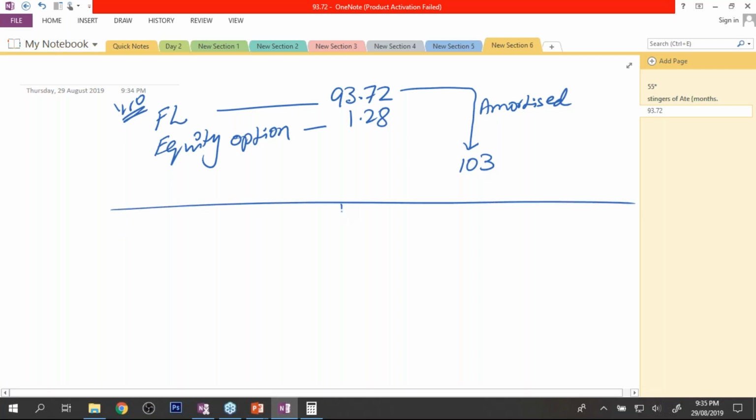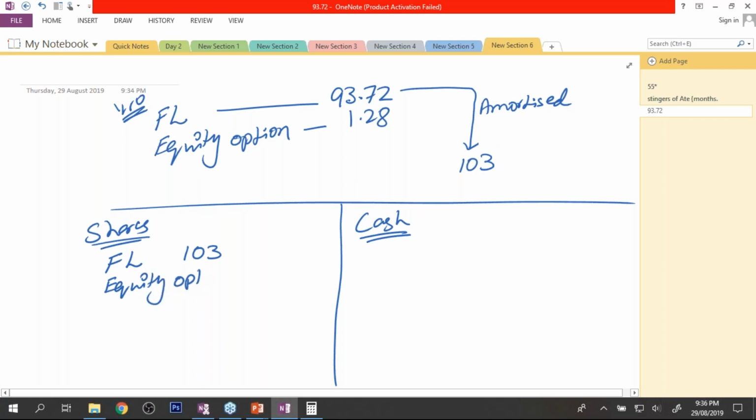Now, the loan note holder has two options, either to take cash or to take shares. If they ask for shares, my liability of 103 will be eliminated because I have given them the shares. Similarly, the equity option, because they have exercised it, shall also be derecognized. So liability debit by 103, equity debit by 1.28.